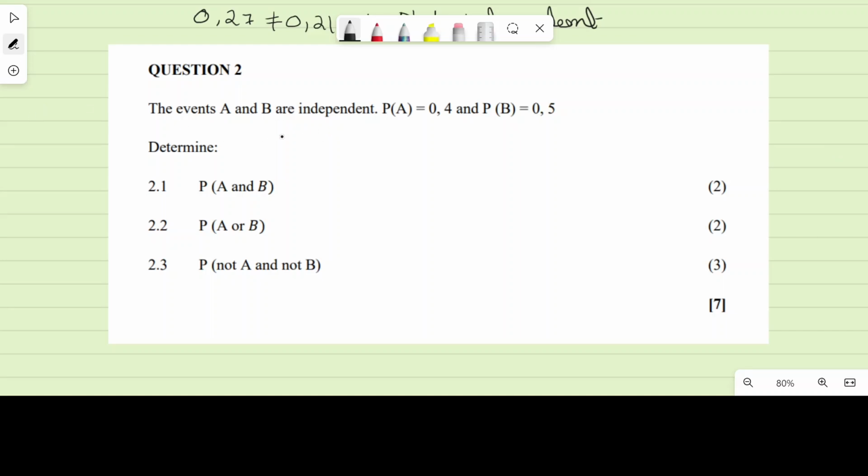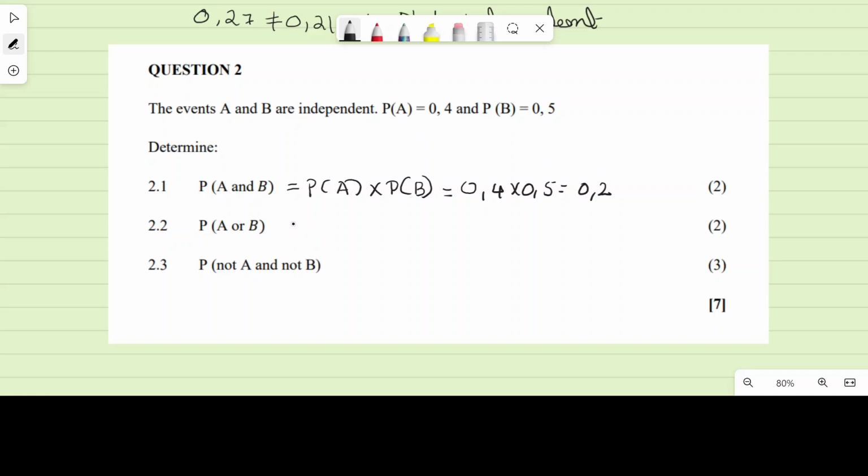So we already know if A and B are independent, then P(A and B) will be equal to P(A) times P(B). That is the formula for two independent events. So directly we can apply the formula. Therefore it's 0,4 multiplied by 0,5. So the answer is 0,2. So you get the 2 marks for knowing the formula, then getting the answer.